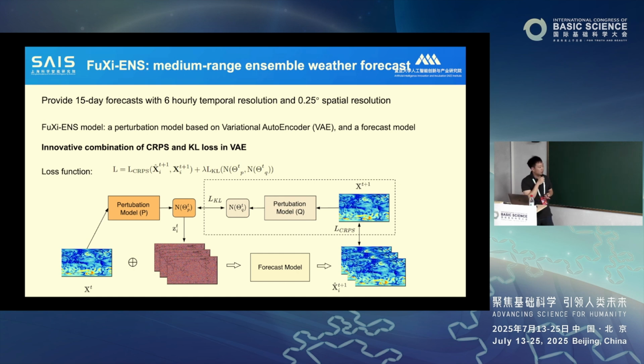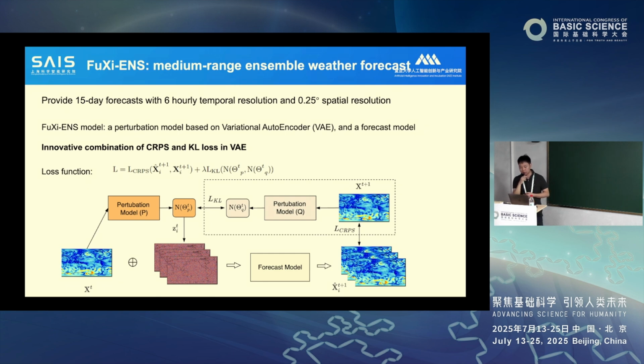These perturbed initial conditions are fed back into the forecast model to generate one forecast. So the number of times we do this sampling equals the number of different forecasts we can get. This is how we do it in FuXi ENS.